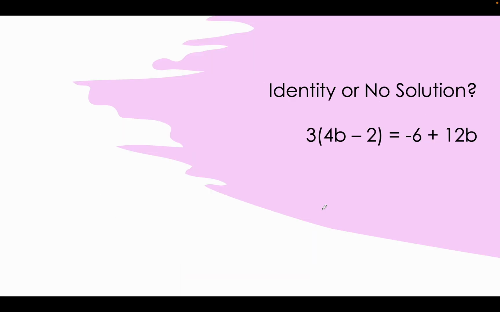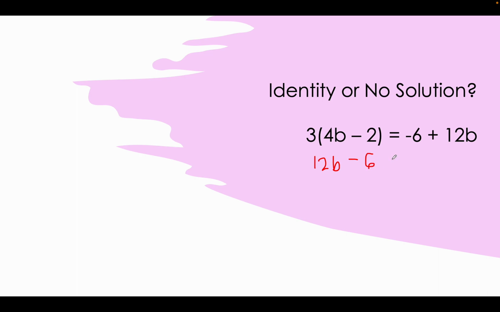Here's another one. This is what your page today will look like. So I have 3 times 4b, got to get rid of this parentheses. Is this an identity or a no solution? Let's get rid of the parentheses, of course, because that's always not helpful.